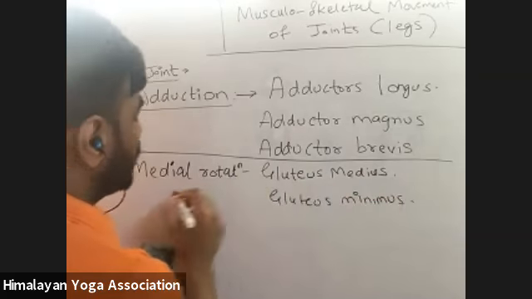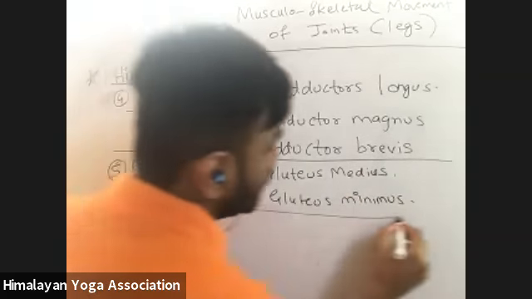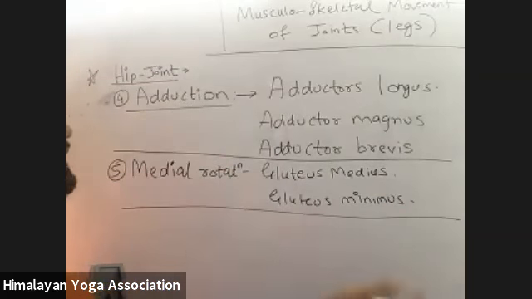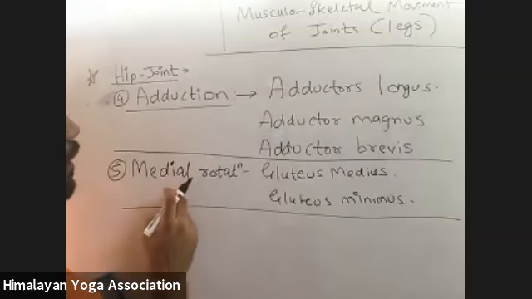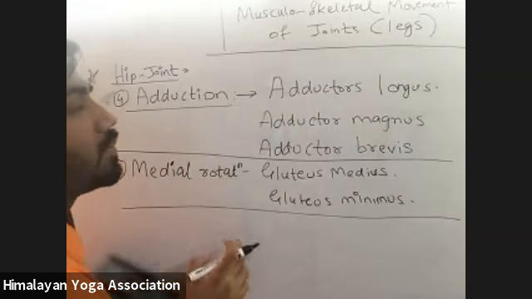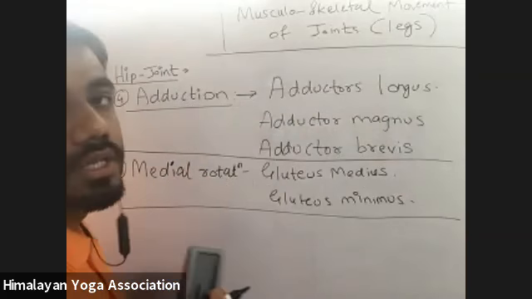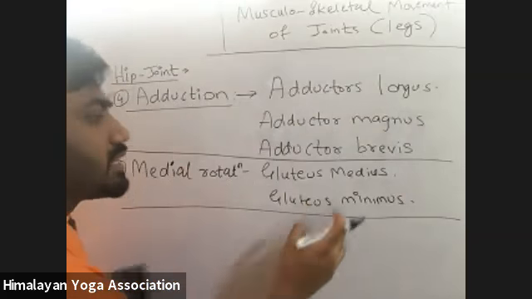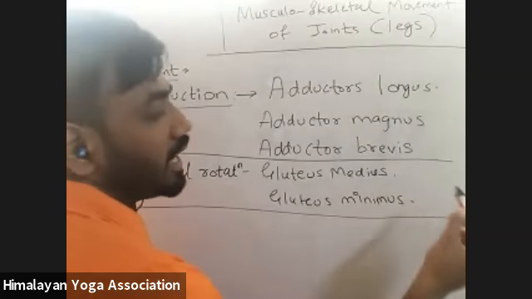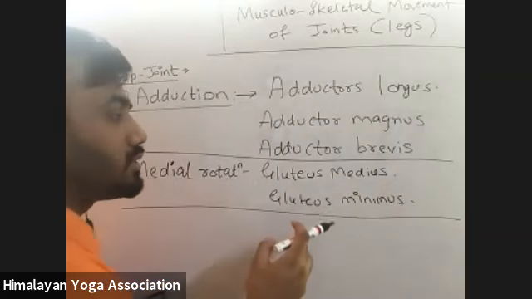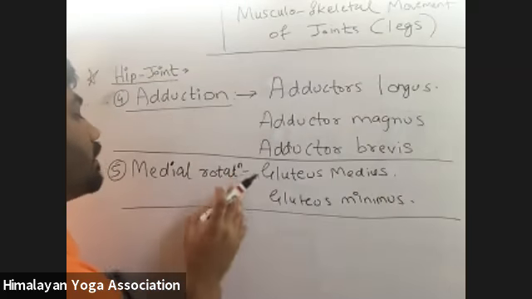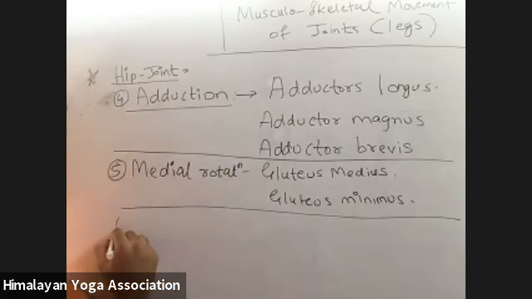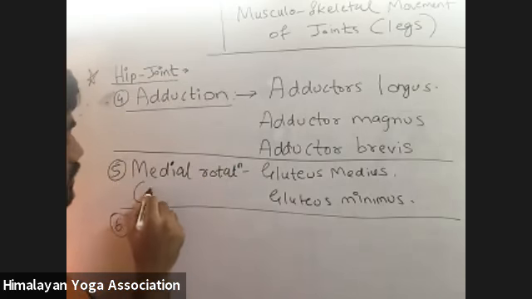These two muscles will be helpful to rotate our legs inside, internally or medially, from the hip joint. The gluteus medius along with the gluteus minimus start from the pelvis and end up in our femur. These two muscles will be helpful in the medial rotation movement of our hip joint. So this is internal.